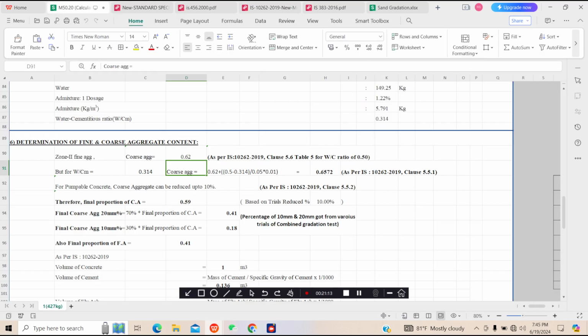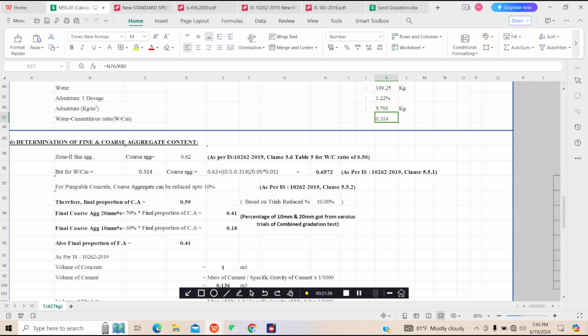Here we can see for the 0.5 water cement ratio, the coarse aggregate by total aggregate ratio is 0.62, but in our case the water cementitious ratio is 0.314, which means the water cementitious ratio is decreased from 0.5 to 0.314.